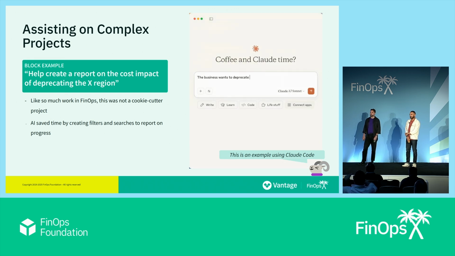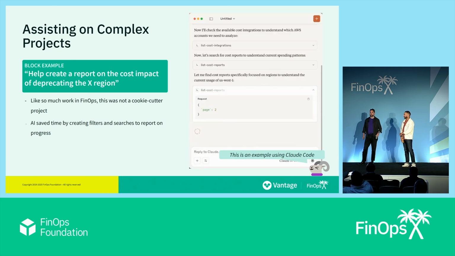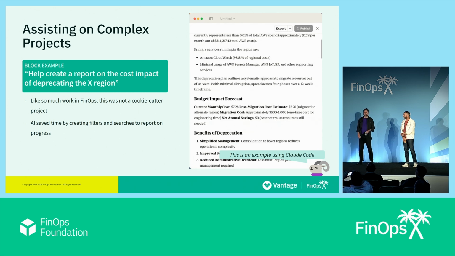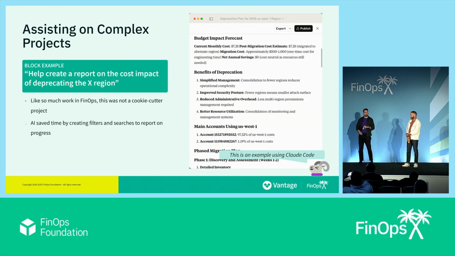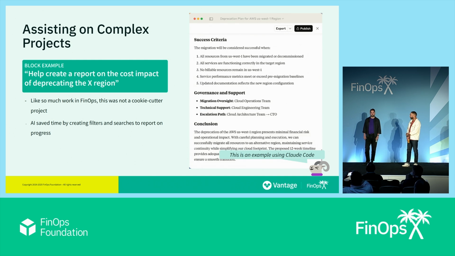At Block currently, we're going through a large project where we are deprecating the secondary region for non-payment workflow critical applications. Because this project has a lot of different moving parts, we have hundreds of applications that we need to assess for reliability tier, and for how much they can actually deprecate.